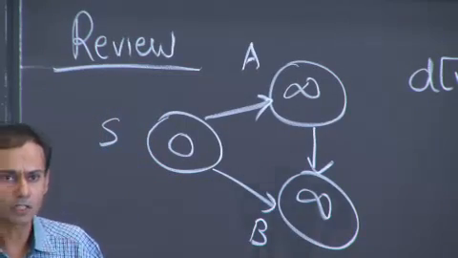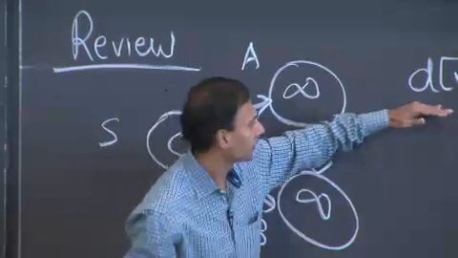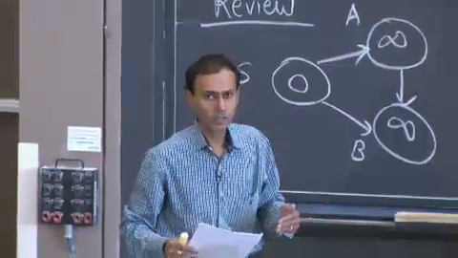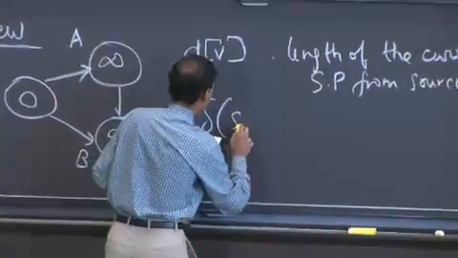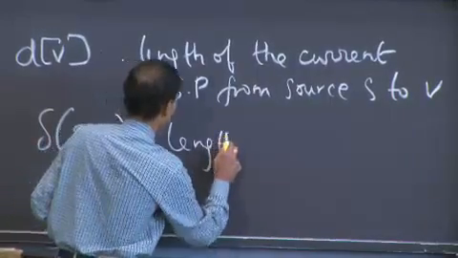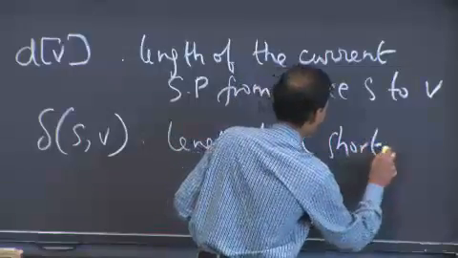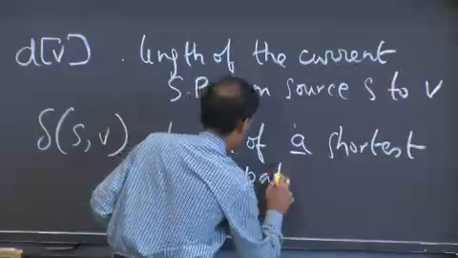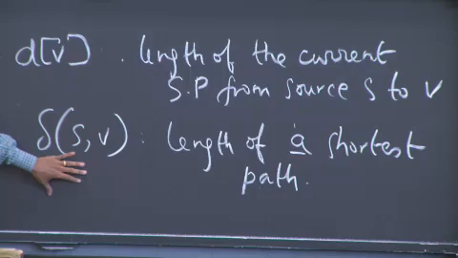Through this process that we call relaxation, we continually reduce these d values, the lengths of the current shortest paths, down to what we call the delta values, which is the length of a shortest path. It may be unique, may not be unique, but you have to get the minimum value. When all of the vertices have d values that converge to delta, then your algorithm is done.